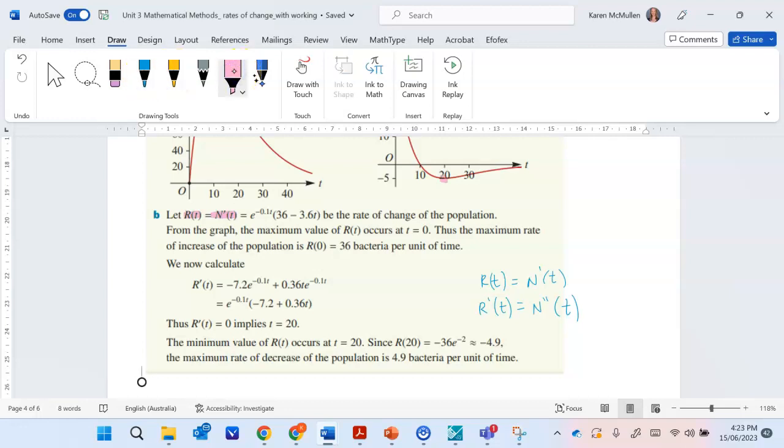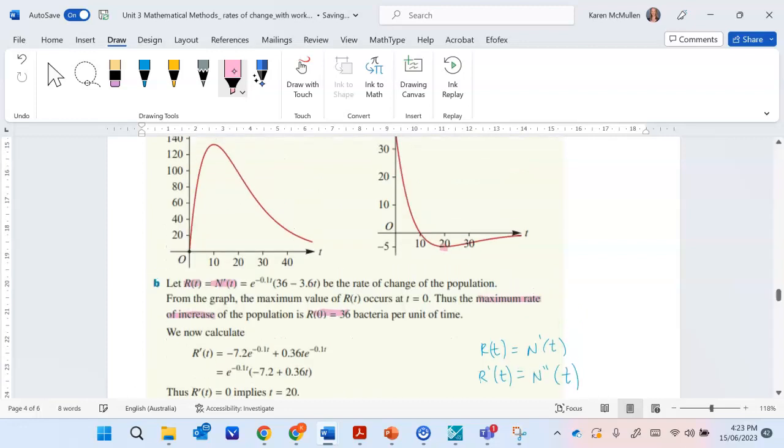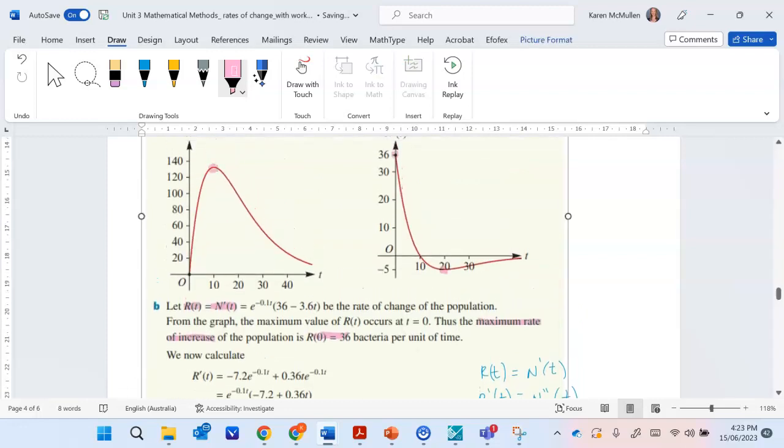Okay, so we've got the maximum rate of increase, all right, at 36, at that highest point. Now your maximum rate of decrease, we can see is roughly around 20, but it's a bit hard to see, but we can see that it's a turning point. So it's just like when you were finding a turning point for a function. We would take the derivative and let it equal 0.